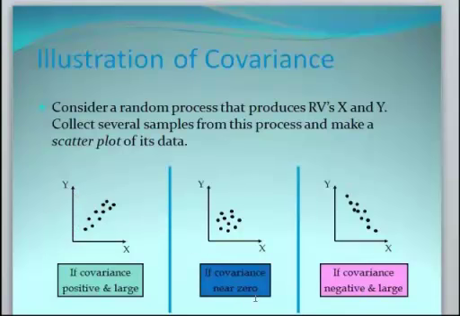If the covariance is near 0, it's going to look like this, and that just means basically that there's no real relationship between x and y. And then also you can have something where the covariance is negative and large. That means that you vary one way, well, the other one varies very strongly but inversely.